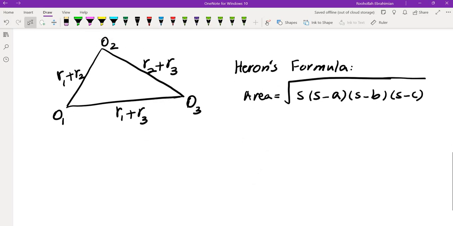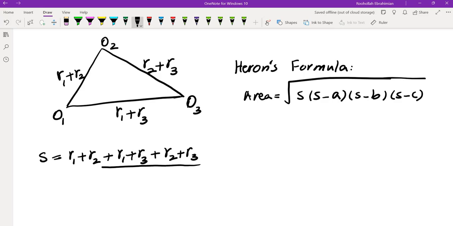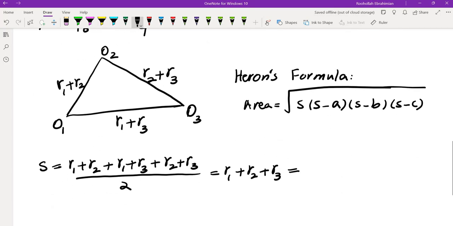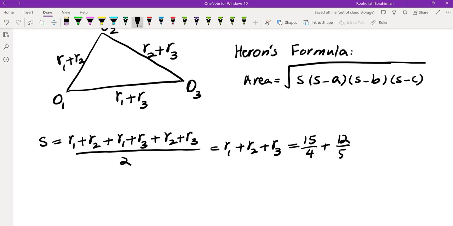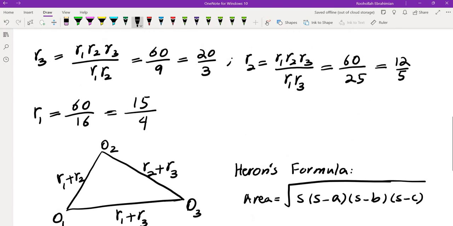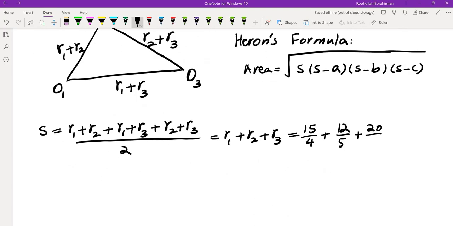First of all, let's find the semi-perimeter. The semi-perimeter is R1 plus R2 plus R1 plus R3 plus R2 plus R3, divided by 2. So it is R1 plus R2 plus R3. Let's take these numbers that we got: 15 over 4 is R1, 12 over 5 is R2, and finally 20 over 3 is R3.